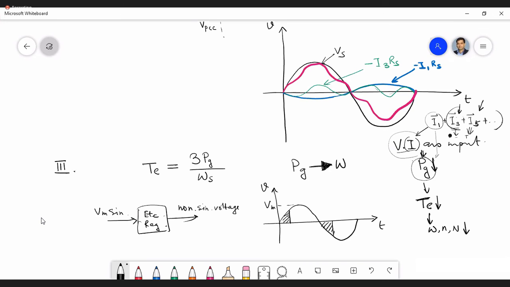সেই জন্য যখন এই ধরনের নন সাইনুসয়েডাল ভোল্টেজ দিয়ে আমরা ফ্যান বা এই ধরনের মোটর যখন চালাই, then you will feel some vibration.